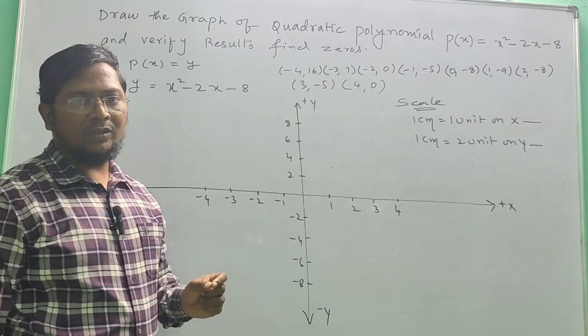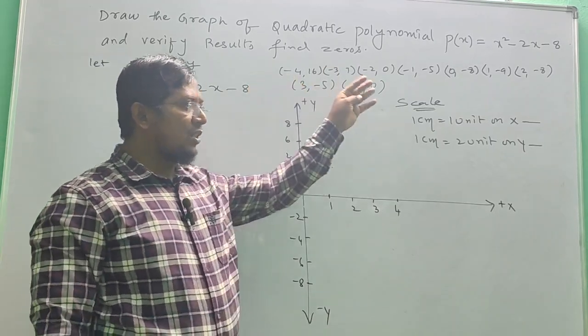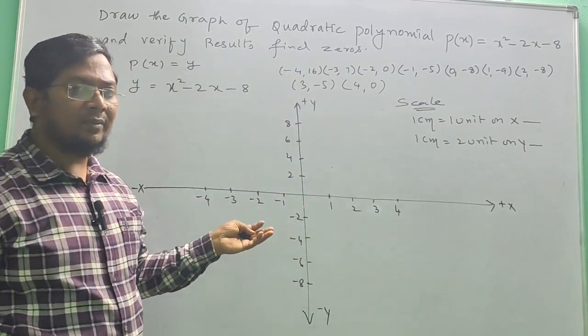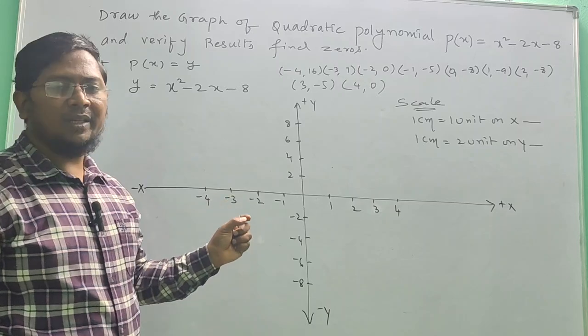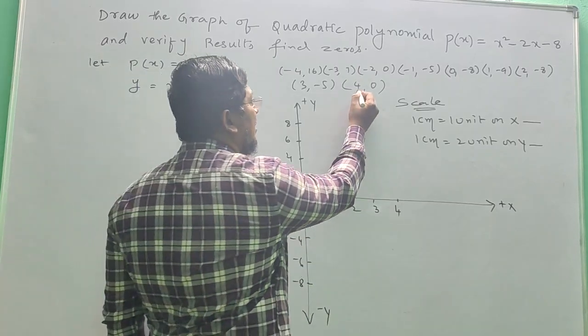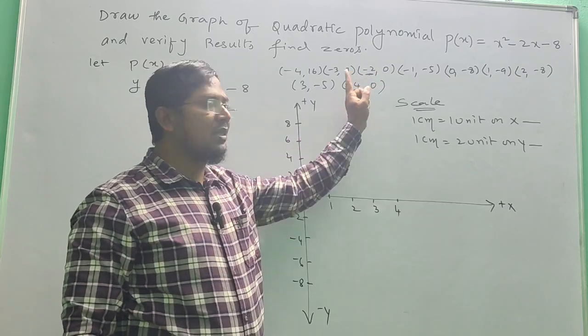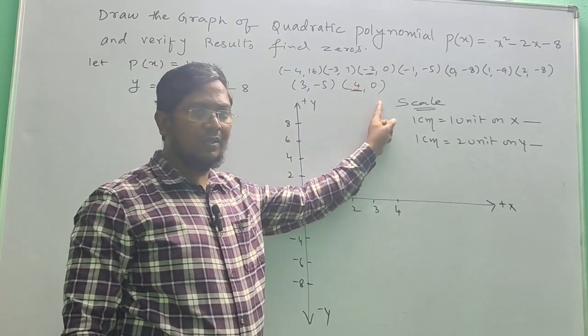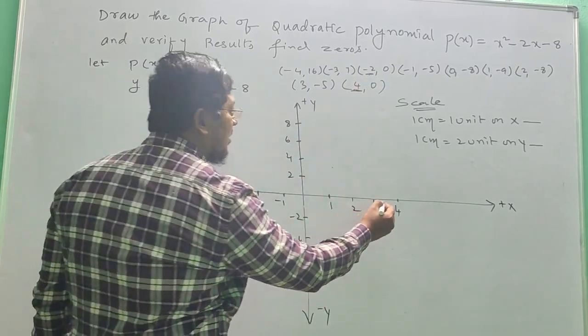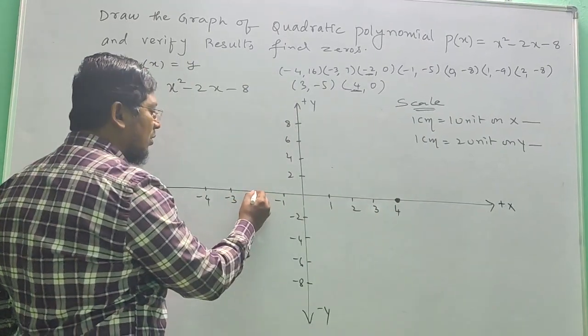And the most important thing, student, remember, for plotting all these values, a few students make mistakes, so the better method is to select the zeros first. What are the zeros? The first zero is minus 2 comma 0, the other one is 4 comma 0. Plot these values. 4 comma 0 means here and minus 2 comma 0 means here.